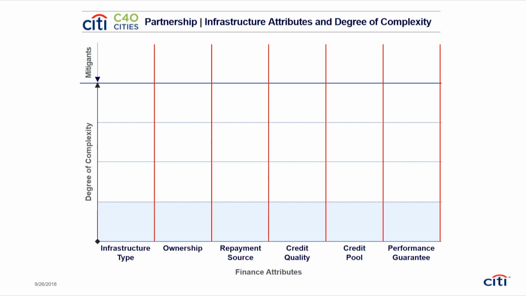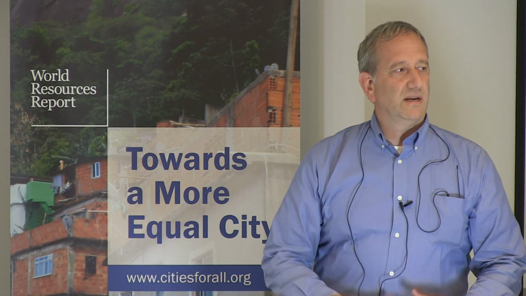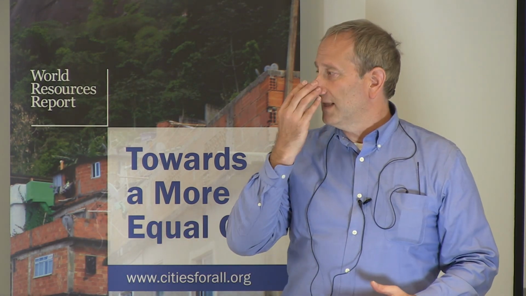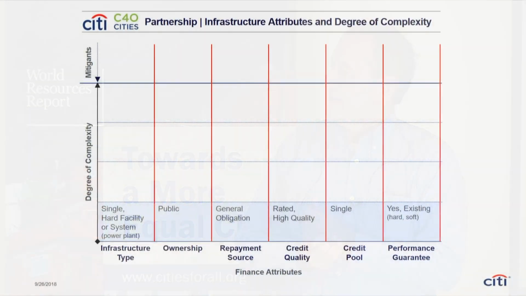It's a single hard facility or system, like a power plant or a sewage treatment plant. That's the type of infrastructure. It's publicly owned. The repayment is a general obligation. The credit quality is rated, investment grade and good quality. By credit pool, I mean single, meaning there's just one borrower, not lots of borrowers. And yes, it's possible to get a performance guarantee.